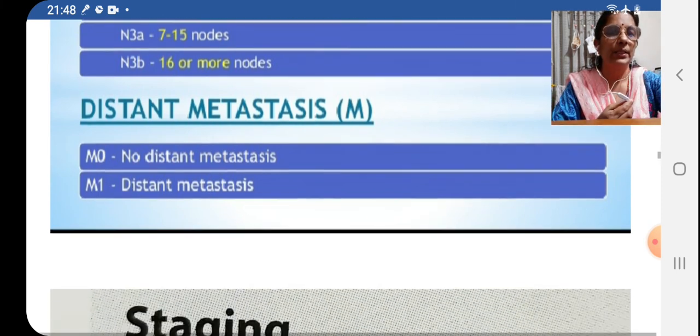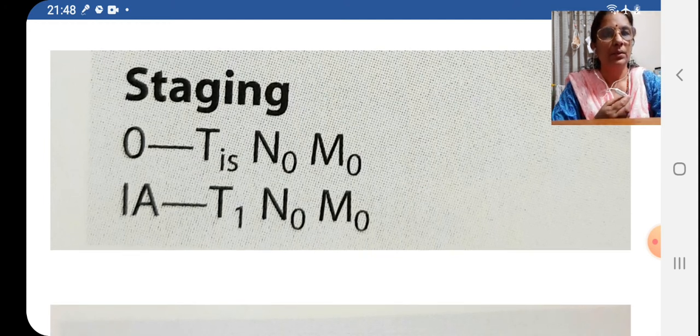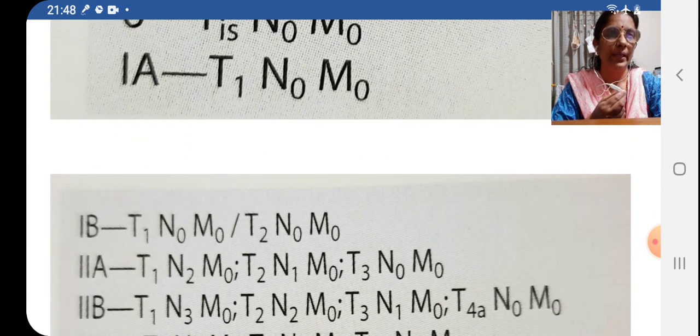So coming to the staging, this I have taken from SRB. So you can go through this. Stage 1A, that is T1, but no nodal involvement. That means the lesion is confined to the mucosa, but there is no nodal involvement. 1B means there again T1, that means only mucosal involvement or just touching the muscles, but no nodes are involved, no metastasis.